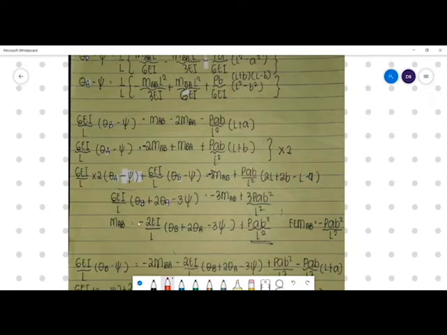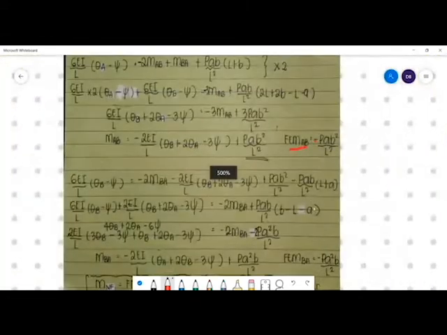So, we are able to find out that PAB squared over L squared is the negative fixed end moment of AB. So, that is negative PAB squared over L squared. MAB, with respect to the left, is counterclockwise. So, it is negative.